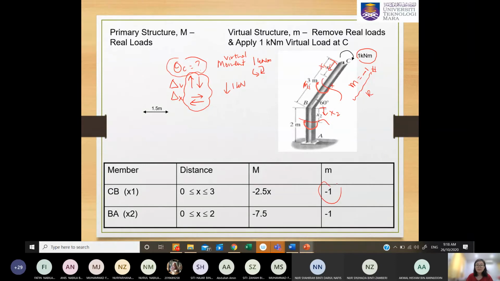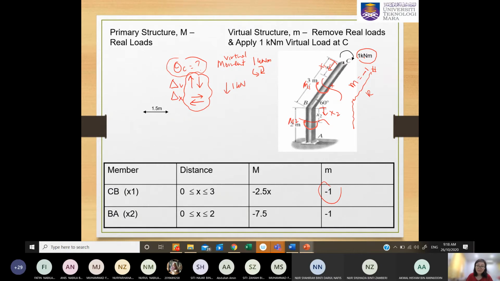Then I look at this cut section M2. Then I also consider the right section. Along this section, I only have this 1 kilonewton meter, and it is already in terms of moment. I do not need to calculate, multiply with distance.